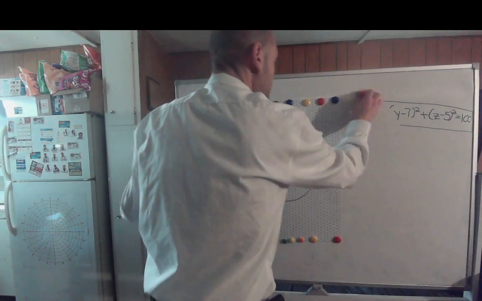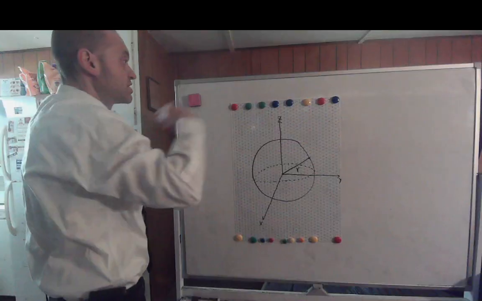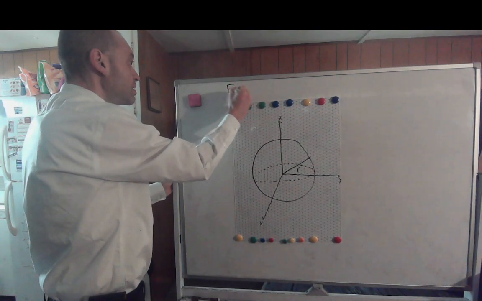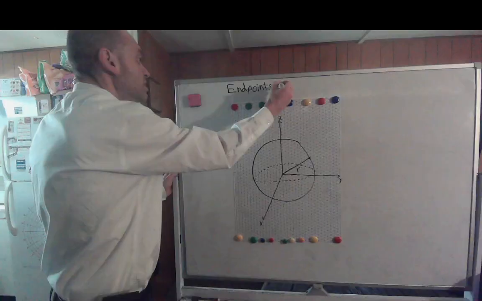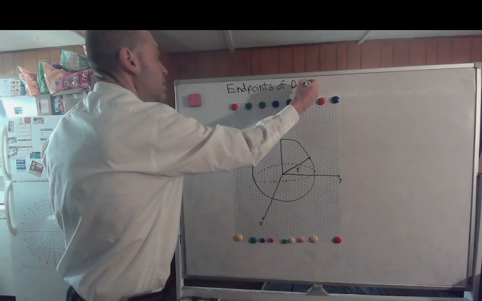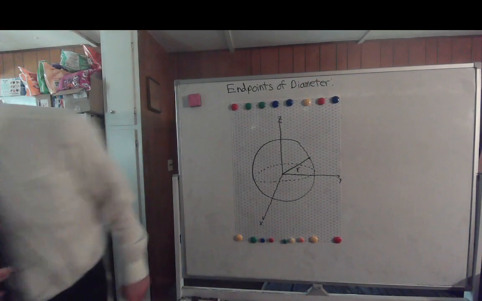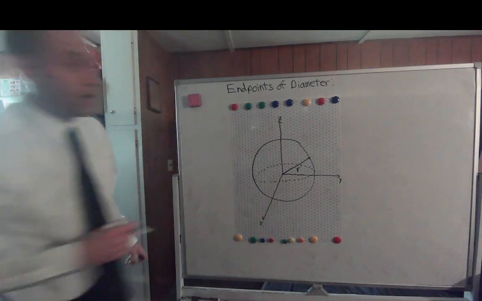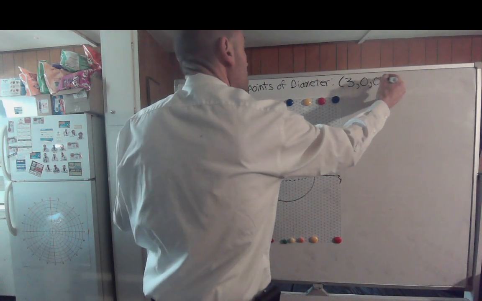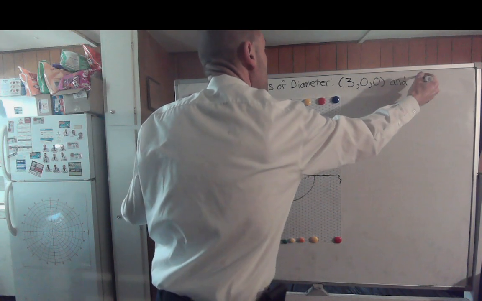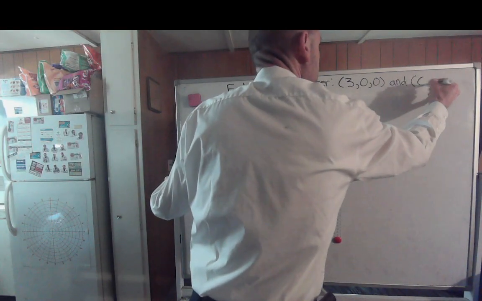Now, let's say this time we're just given the endpoints of a diameter. That's all we're given. So they just give you endpoints of diameter are at 3, 0, 0 and 0, 0, 6.